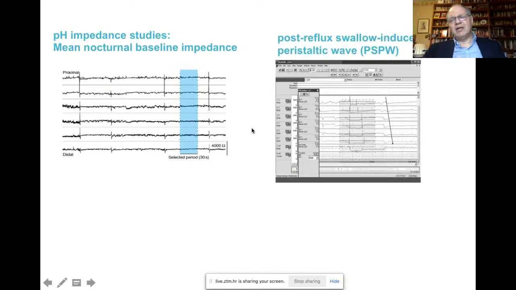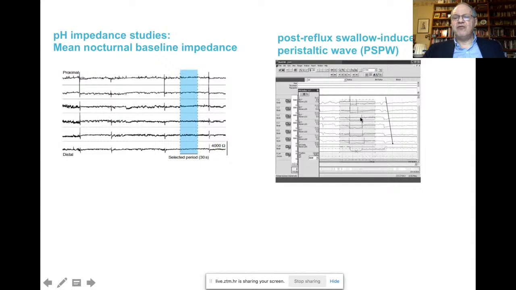Another parameter is the post-reflux swallow-induced peristaltic wave. You can see by impedance a reflux episode, which happens to be acid. Now, within 30 seconds of the reflux episode, there is a swallow, and that swallow is associated with an improvement in the pH, neutralizing the acidified mucosa.